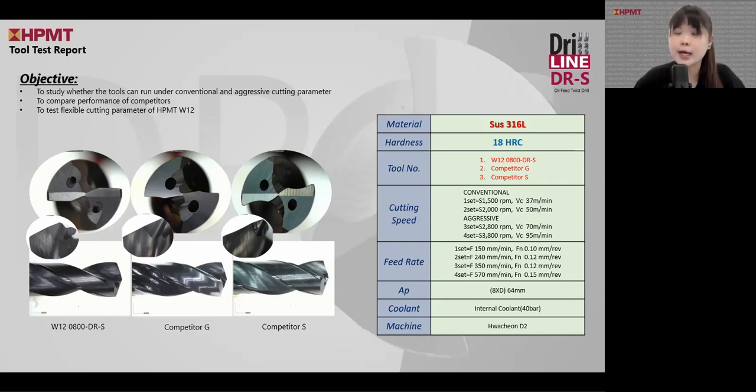While in terms of the cutting parameter setup, because we also would like to know whether we can run under flexible cutting parameters, we set up 4 different sets of cutting parameters for this task.